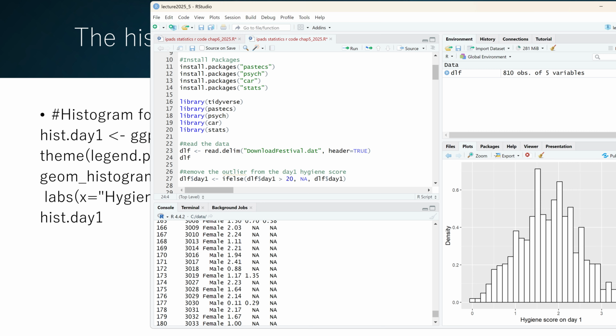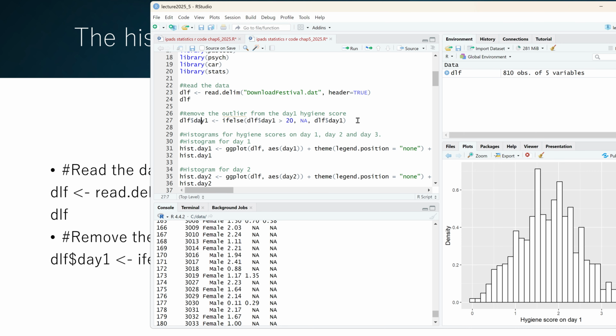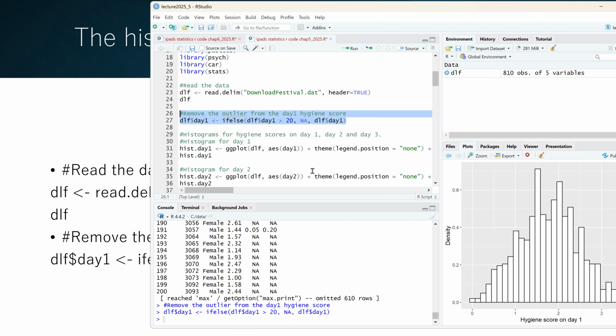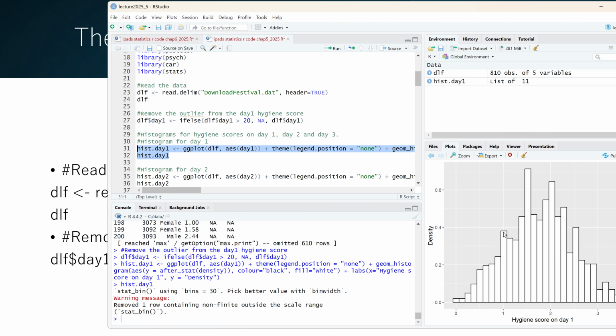But as you know, we need to remove outliers from the dataset. And we can draw the histogram. This is the histogram, day 1.